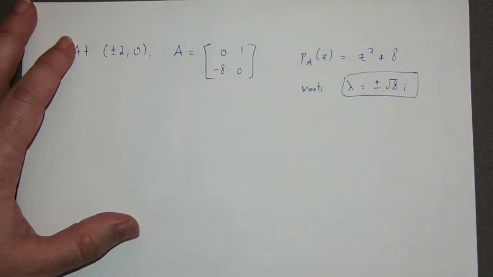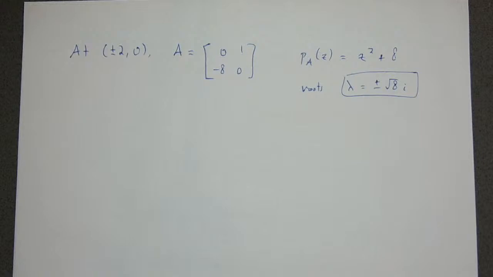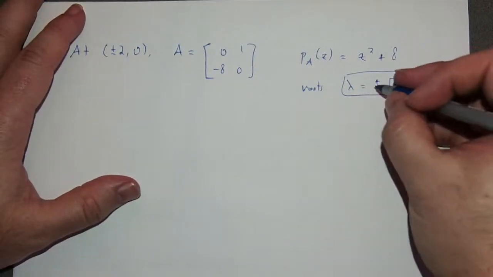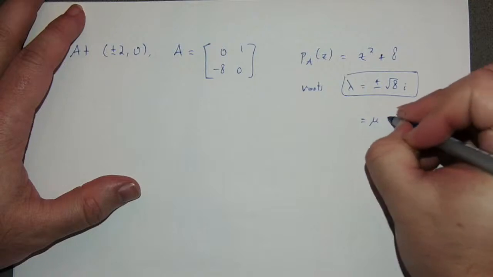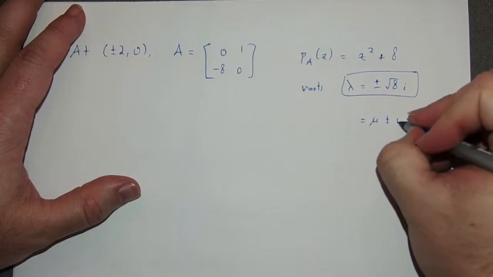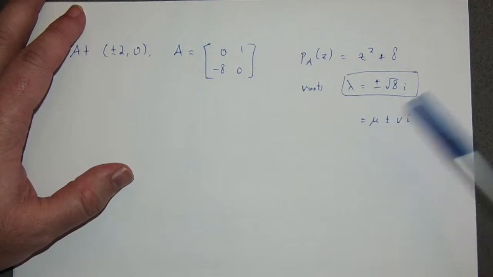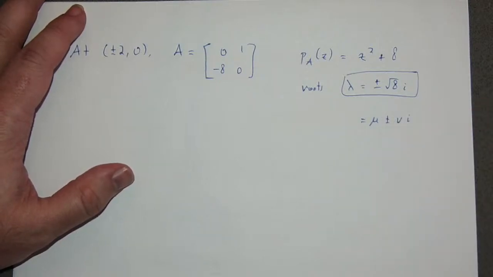So these are complex conjugate roots. Notice this is mu plus or minus i nu. So nu here is root 8, and mu is 0.